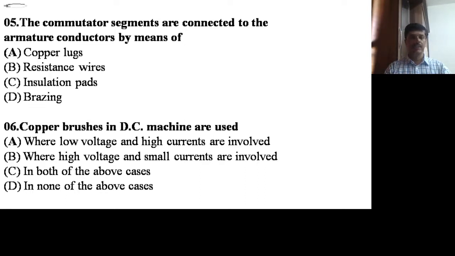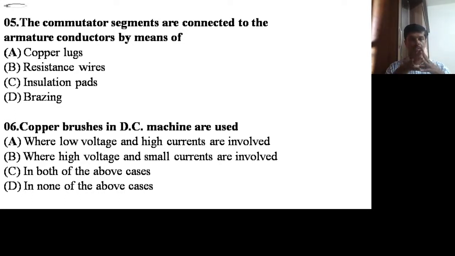Next one is, copper brushes in DC machines are used. Copper is a conducting material having low resistance. So low resistance means automatically it will be carrying higher currents. So the first one is the answer, that is where low voltage and high currents are required.